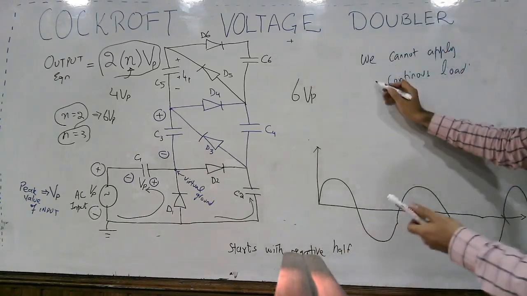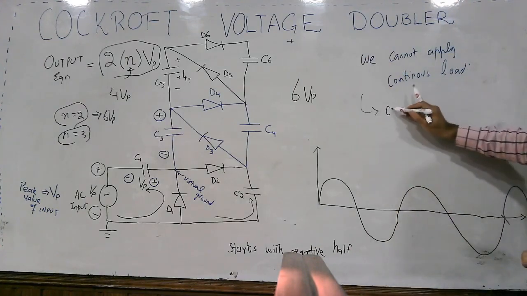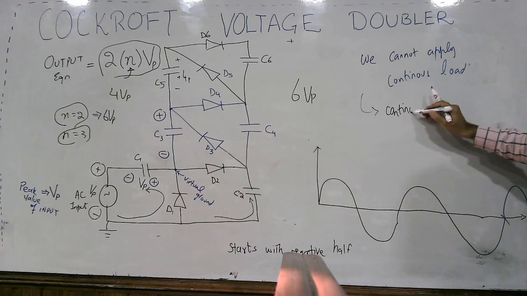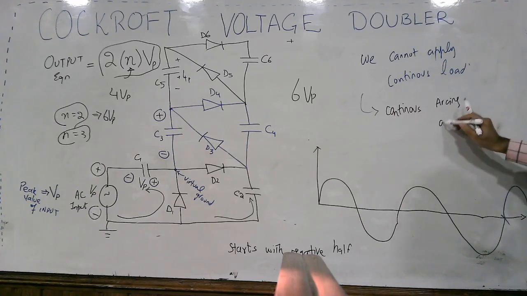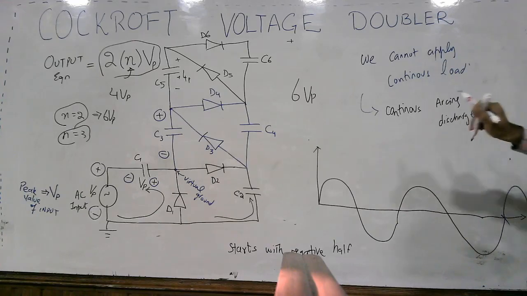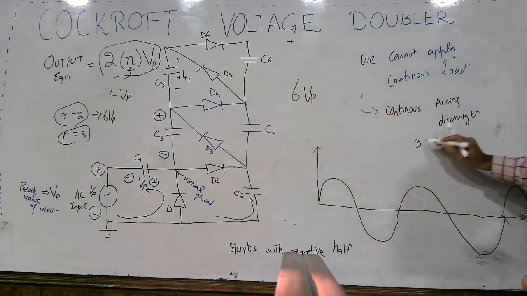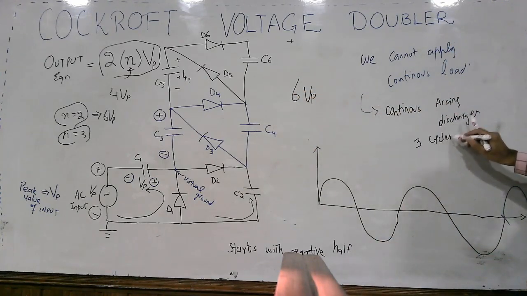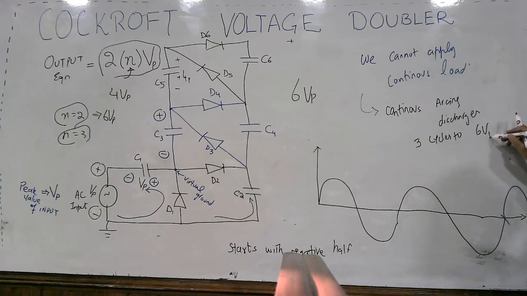Such circuits can only be used for continuous arcing or continuous discharges. If you have 3 stages, it will require 3 cycles to make the voltage 6 Vp.